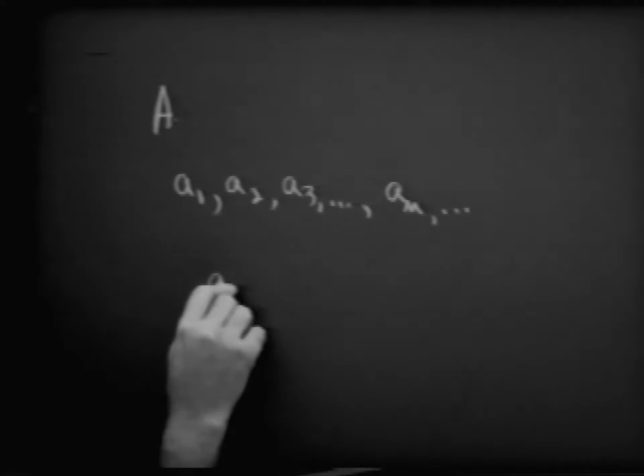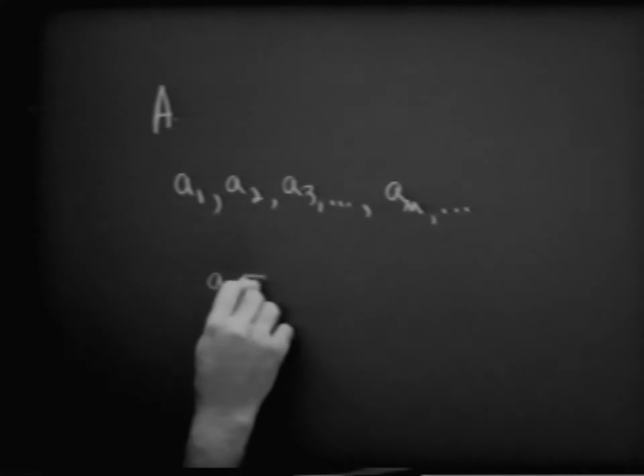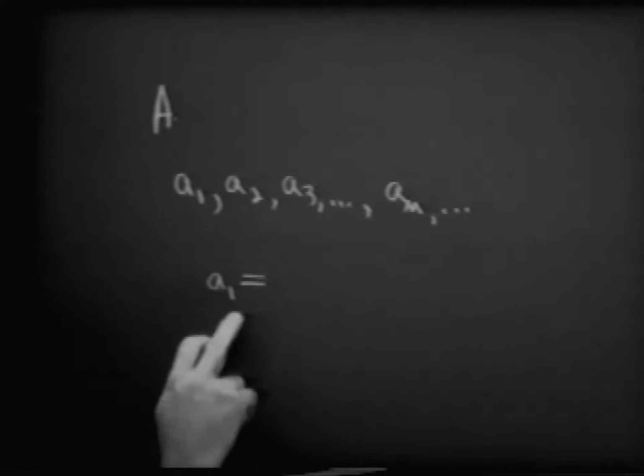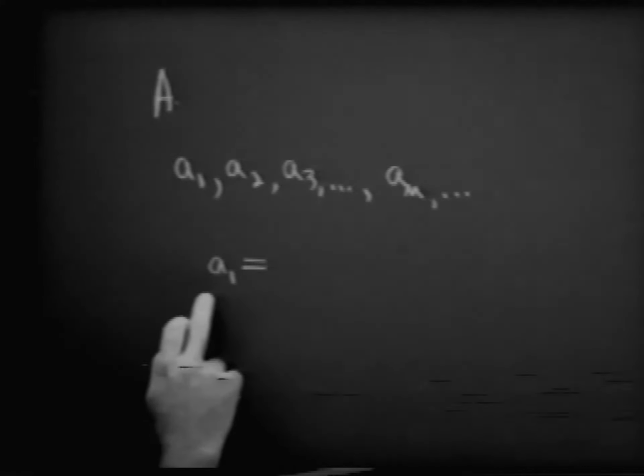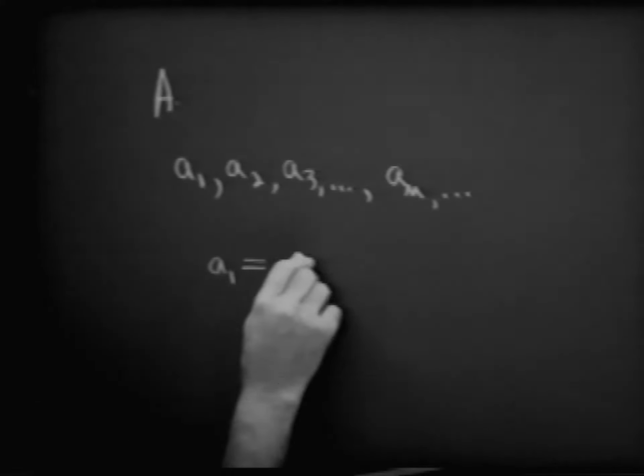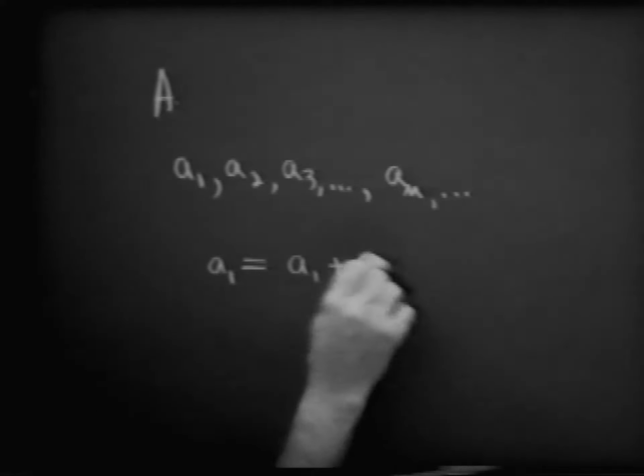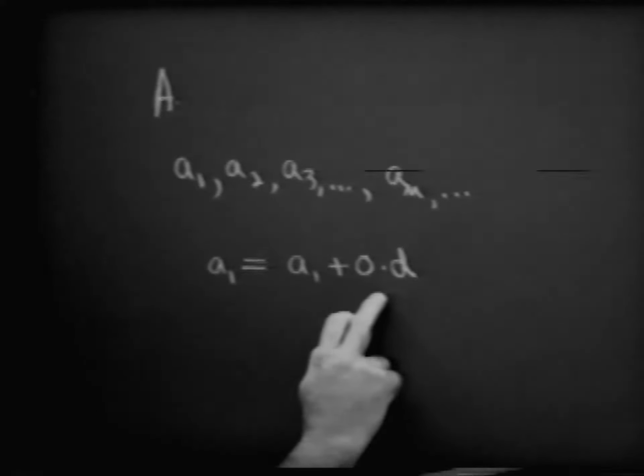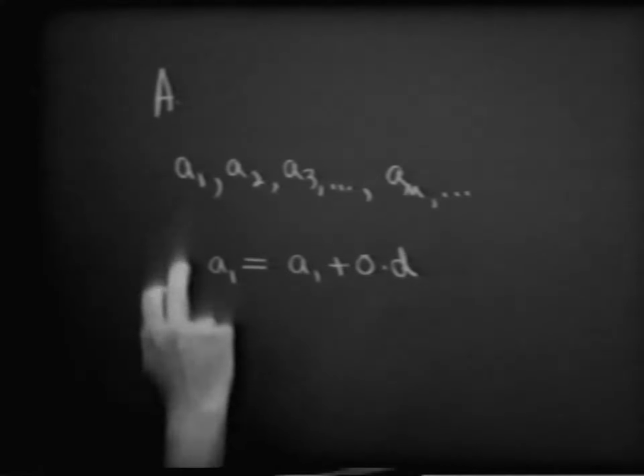Let's look at the first term here, and let me rewrite it in a somewhat different pattern. I write a sub 1 equals a sub 1 plus 0 times d, because I'm adding 0 to the first term.